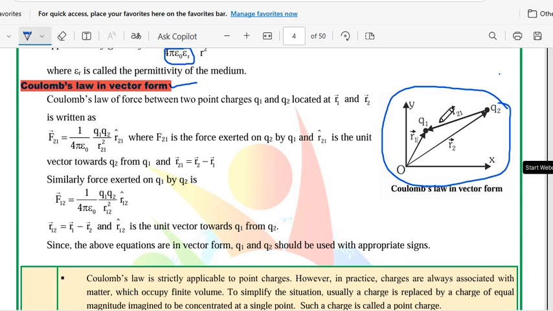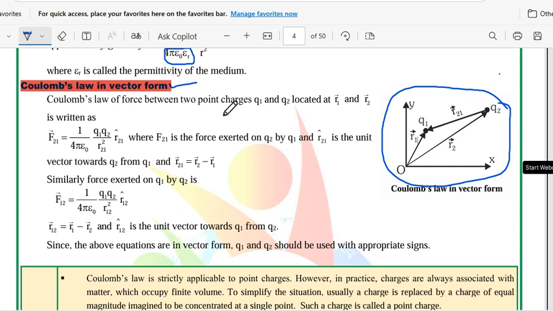Coulomb's law of a force between 2 point charges, that is q1 and q2, located at the distances r1 bar and r2 bar, is written in vector form, therefore we represent a bar above those distances.